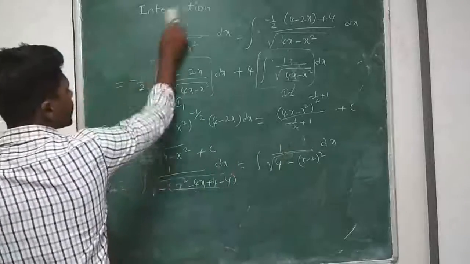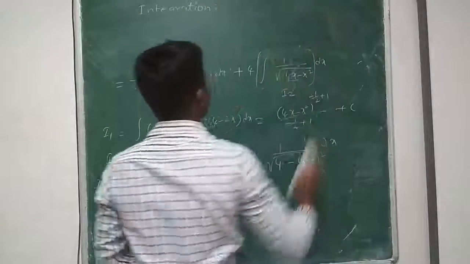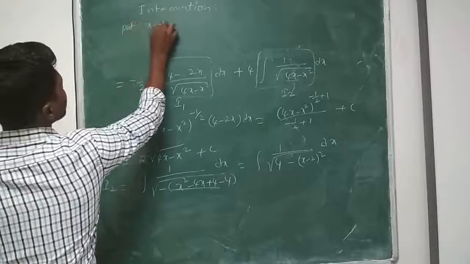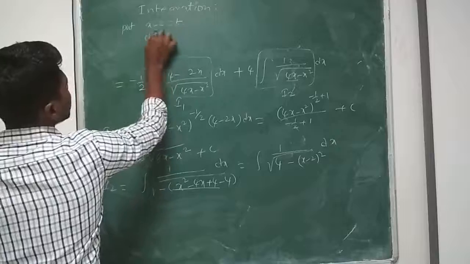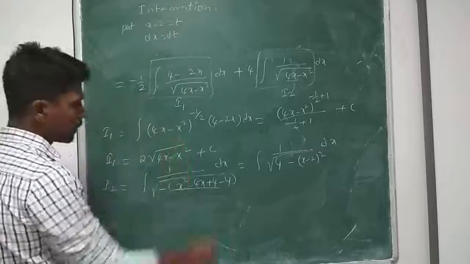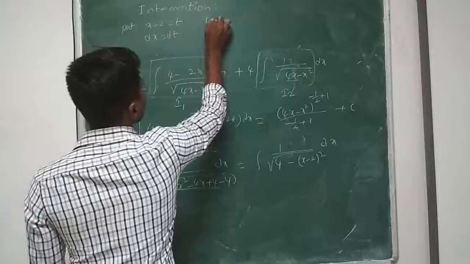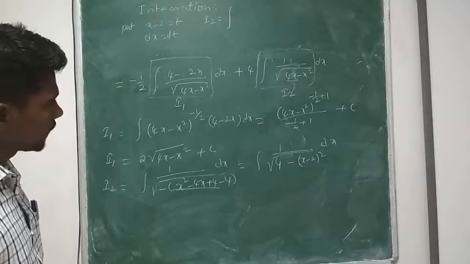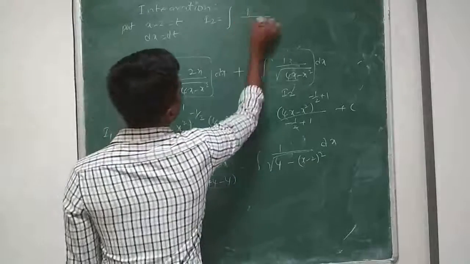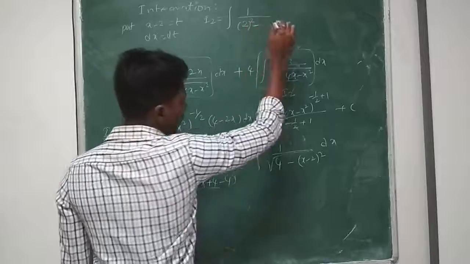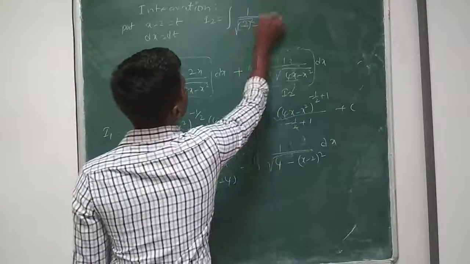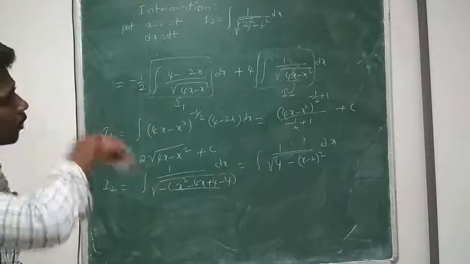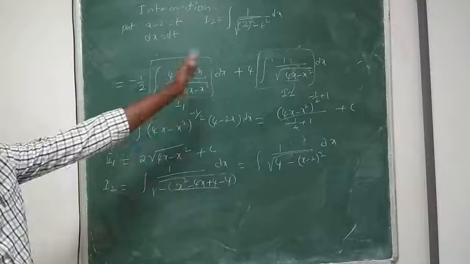Now substitute x minus 2 as t. If I put x minus 2 as t, dx will be equal to dt. Then I2 is equal to integral 1 by root of 2 square minus t square dt, which is of the form 1 by root of a square minus x square.